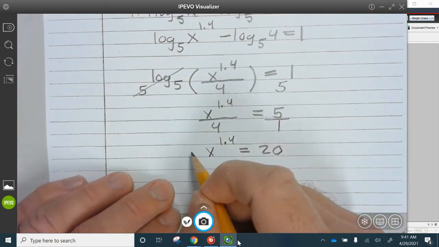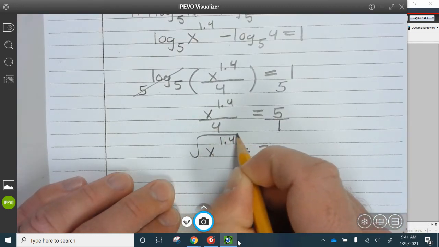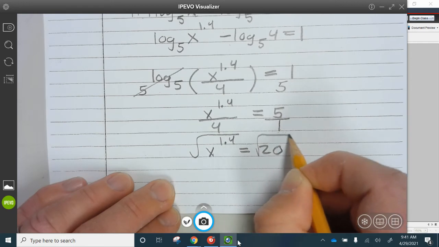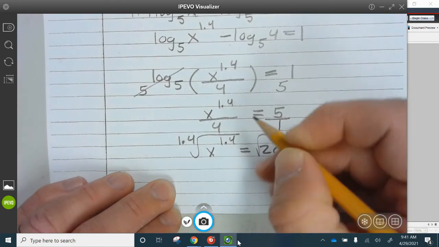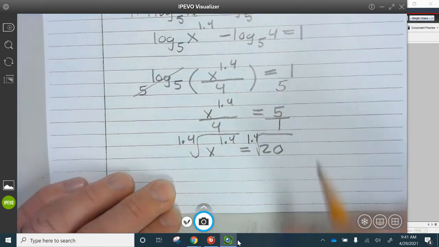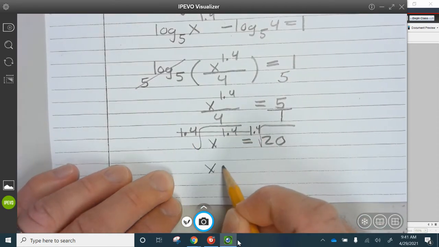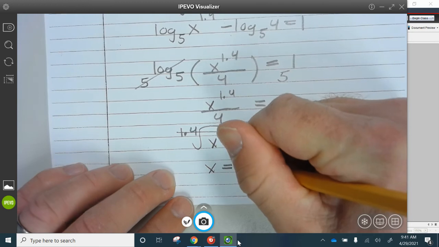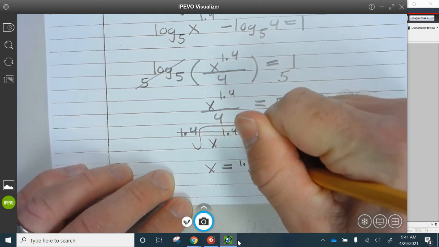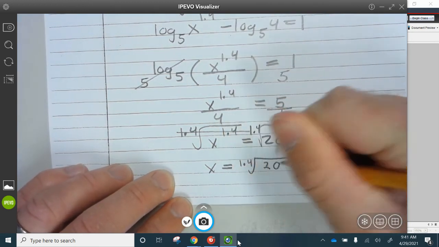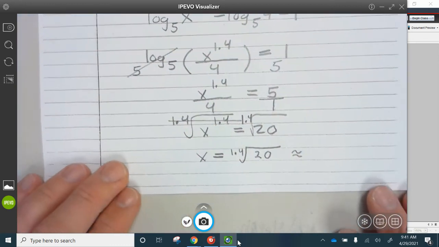Now we're going to take the 1.4 root of both sides, and the reason we do that is because this cancels. You're left with x equals the 1.4 root of 20, which we can put in our calculator.